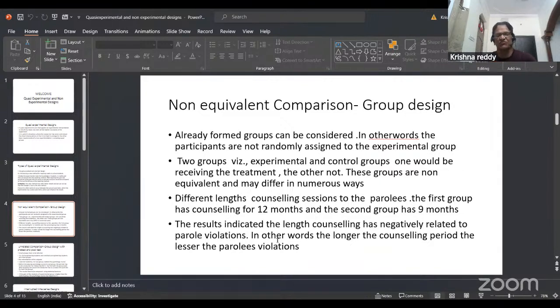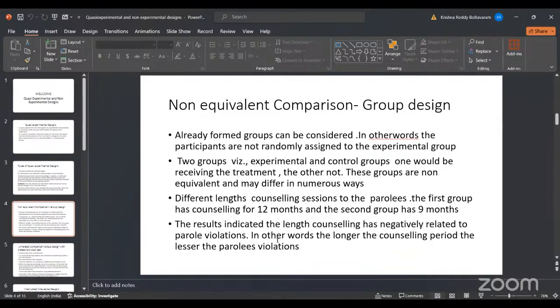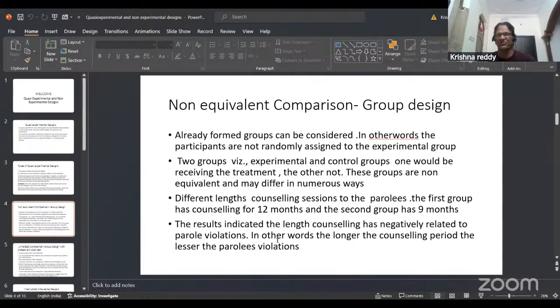With the 9 months counseling course, they are still not able to match the 12 months course. That means the longer the counseling, the better the results with regard to parole violations. Am I clear, sir? Yes, sir. The lesser the counseling length, the higher the violations. That's what is concluded here.